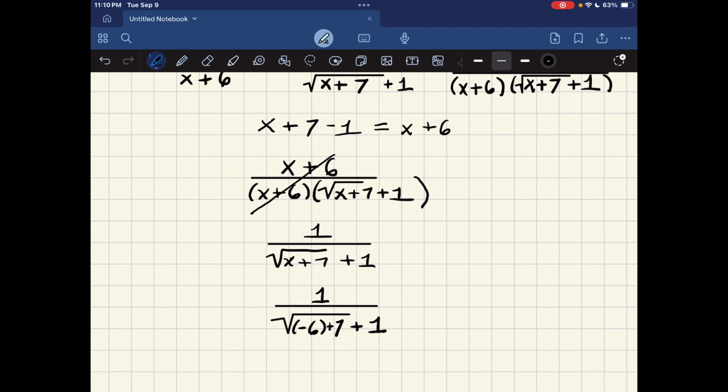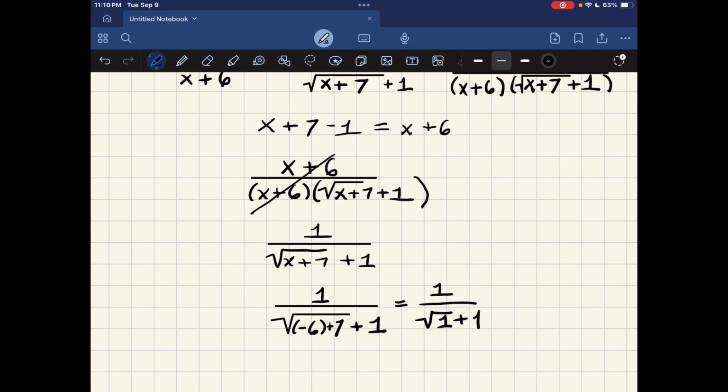And as you can see, negative 6 plus 7 is just 1. So it's going to be the square root of 1. And we remove the square root since the square root of 1 is 1 because 1 times 1 equals 1.